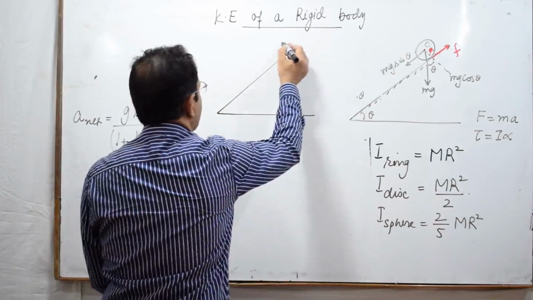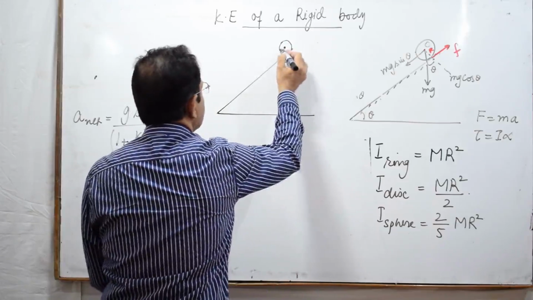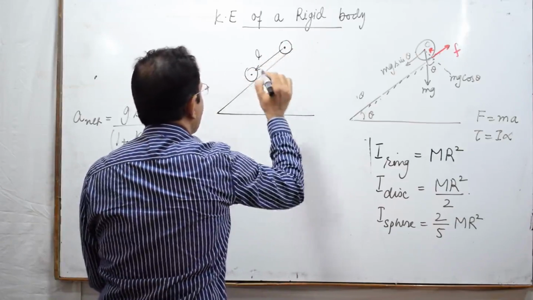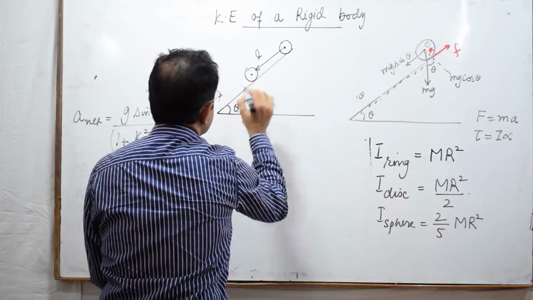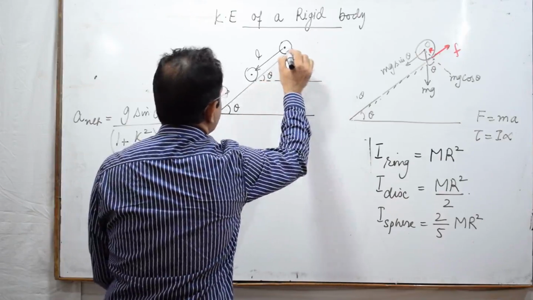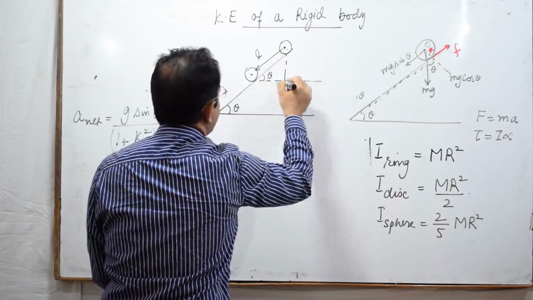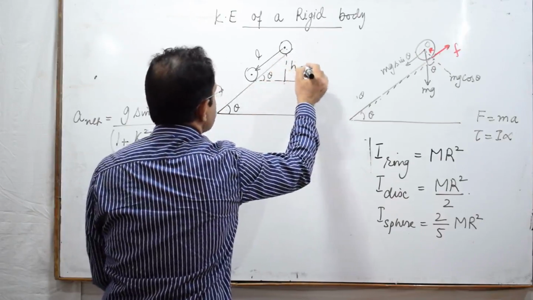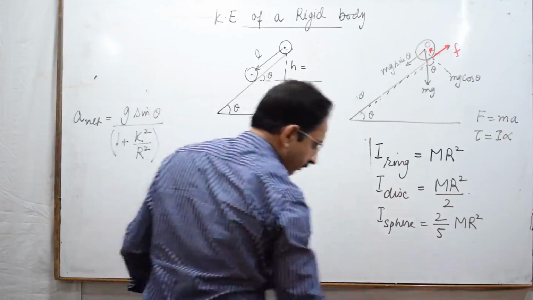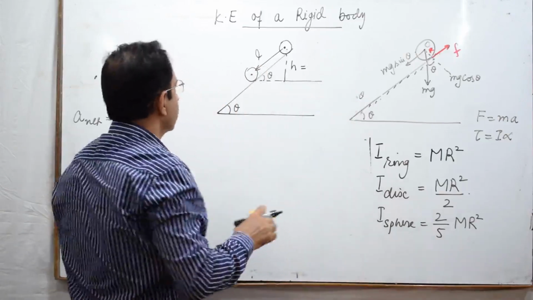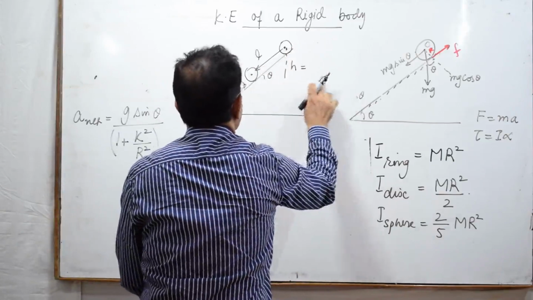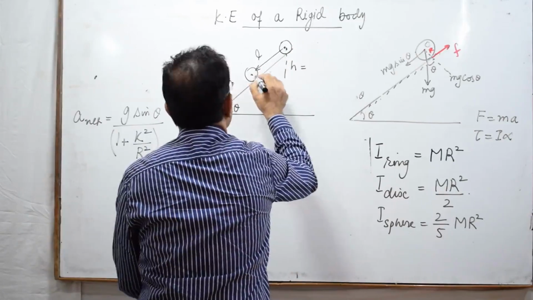Look, I assume that this was an object here. This object falls through a distance L, reaches here, and if I take this angle as theta, then you will agree that this angle is also equal to theta. Now the net height which this object has lost is h. This is the net height. Here I could make it slightly better like this: if I take a line from its center of mass, and here I have the line like this.